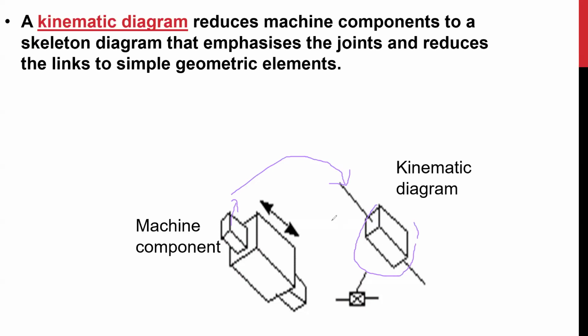You could see that the only motion for this component is to move in and out. So we're simplifying and representing our complicated component with simple geometric elements in a kinematic diagram. Hope you're following.